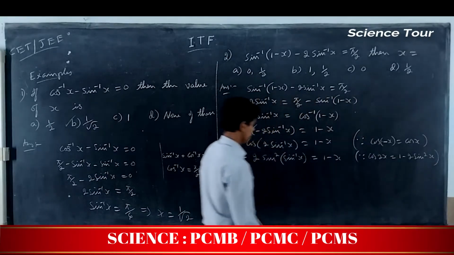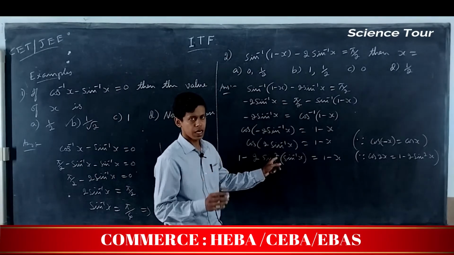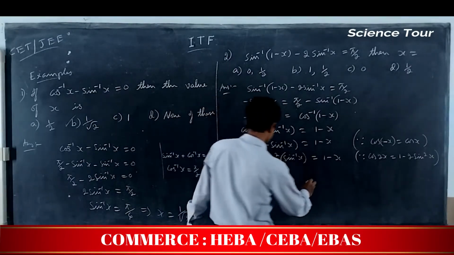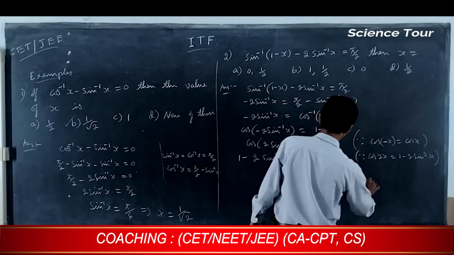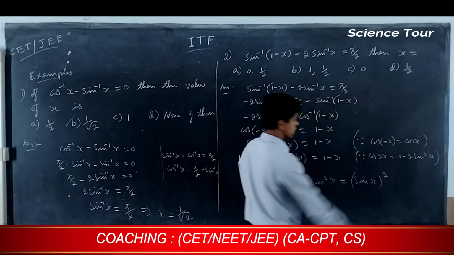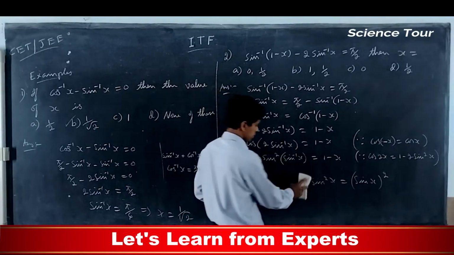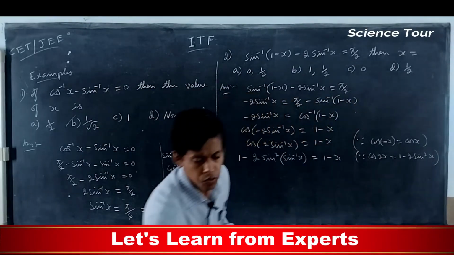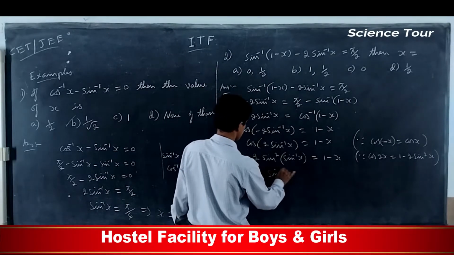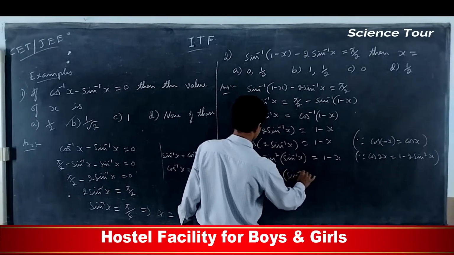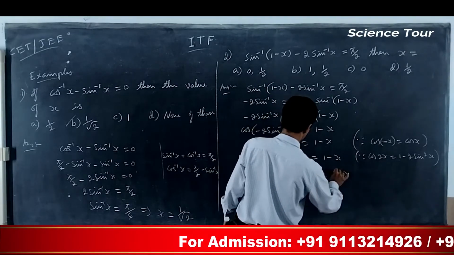Well, now what is sine square x? Sine x into sine x, which is sine x whole square. So I will rewrite this: 1 minus 2 times sine of sine inverse x, whole square, is equal to 1 minus x.